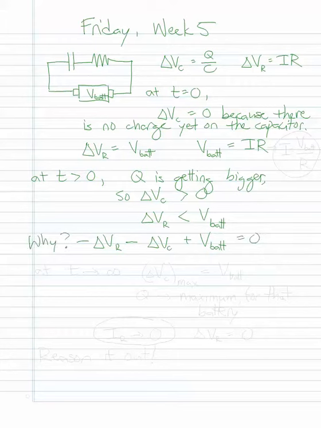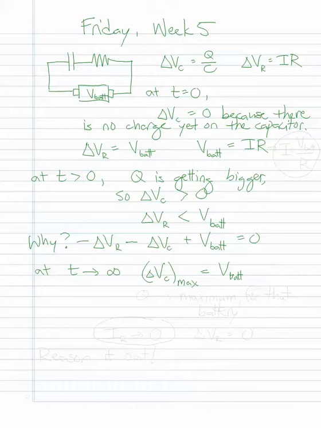Okay, so that's actually enough information, but just to check, let's look at for time goes to a very, very long time. And eventually, the biggest that the voltage drop across the capacitor can be is equal to the voltage of the battery. That's the biggest it can be, really.